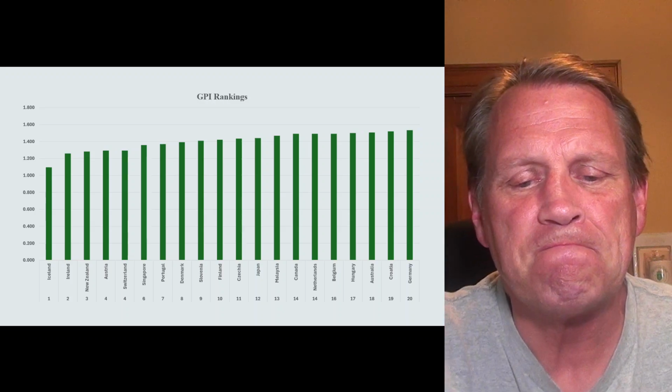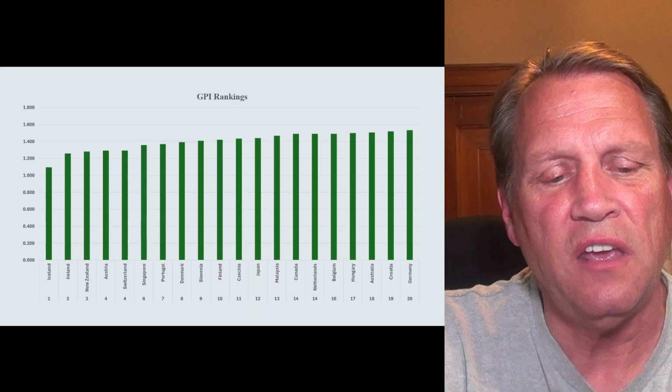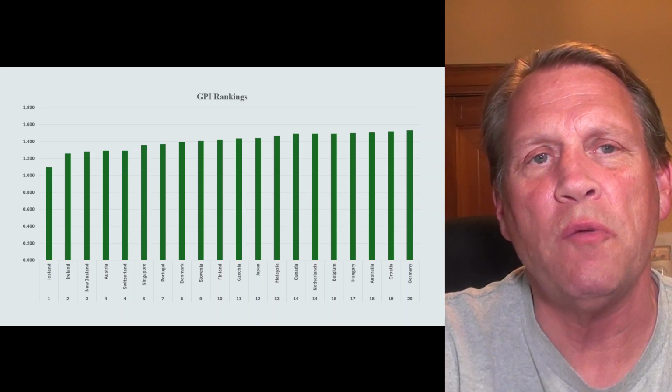All right, so I'm actually going to share with you now a chart that lists the top 20 countries in terms of their GPI rankings. And note, it's a bit like golf. That is to say, the lower your score, the better.